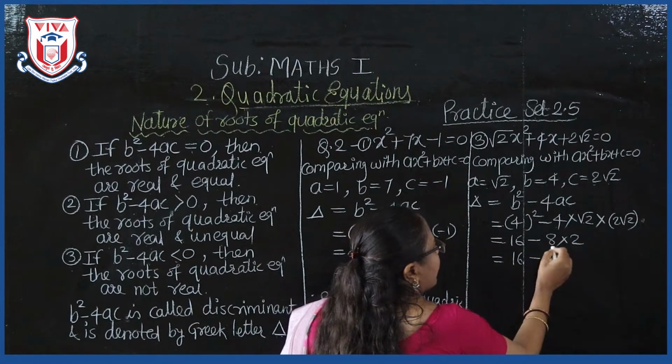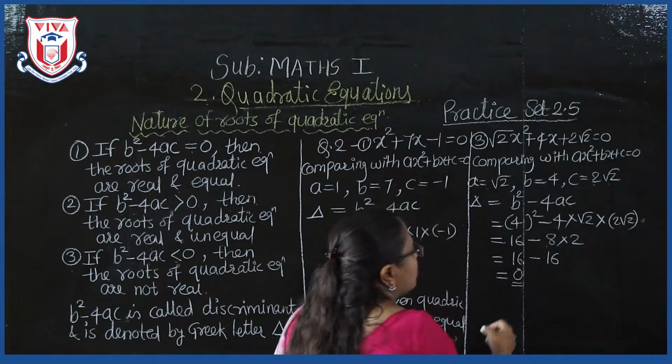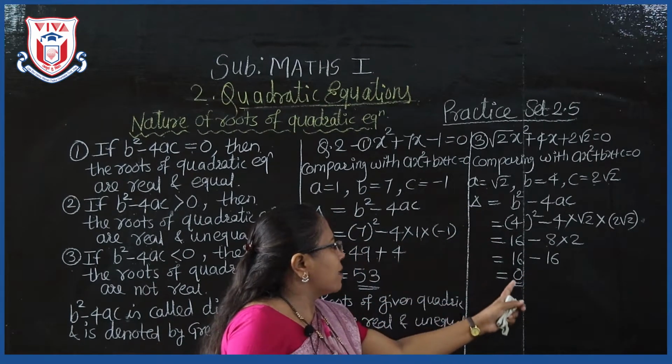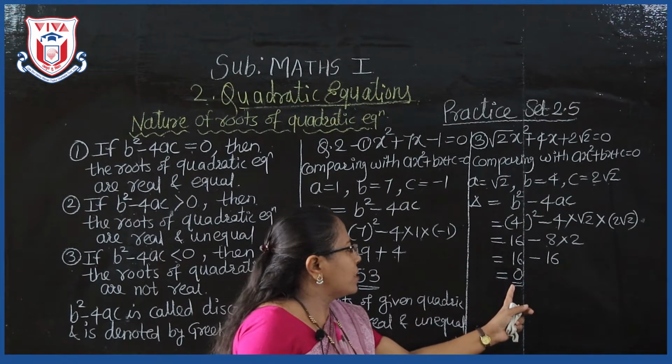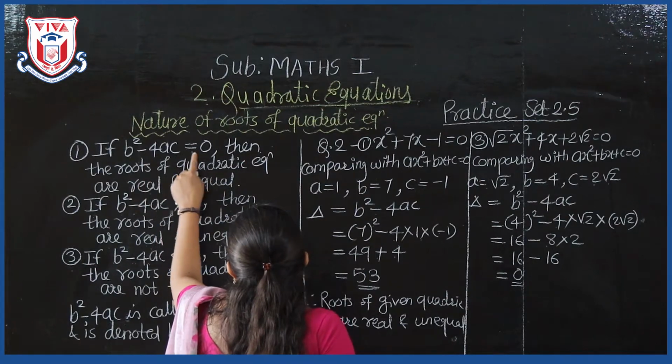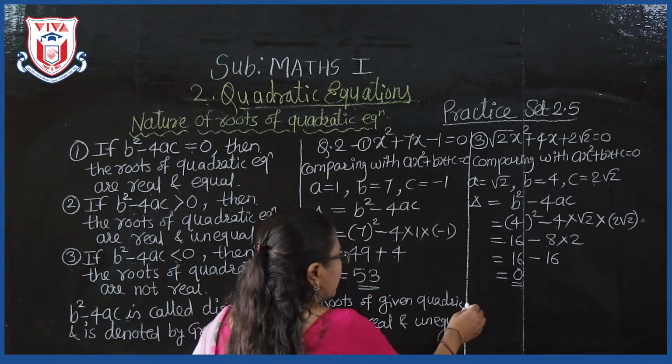So 16 minus 8 2s are 16, 16 minus 16 is 0. So delta equal to 0, meaning b square minus 4ac equal to 0. Then the nature of roots is real and equal.